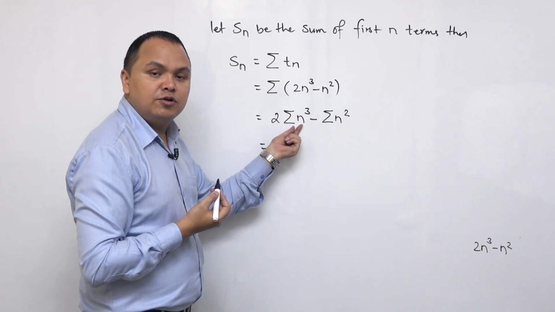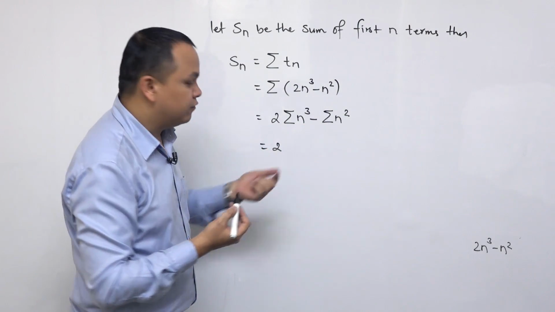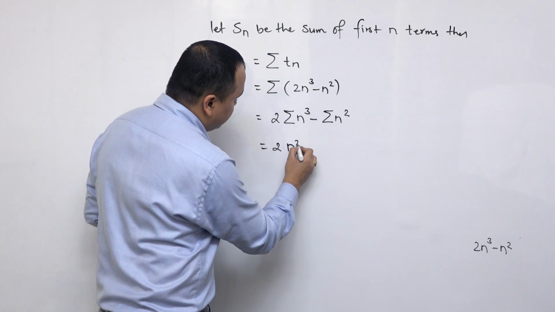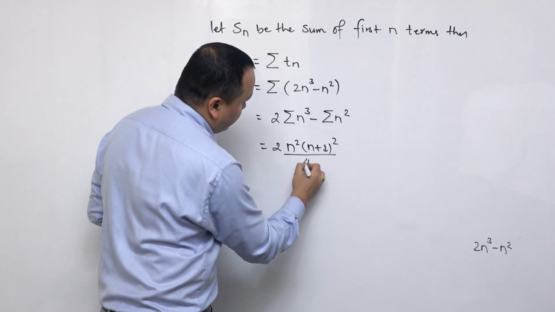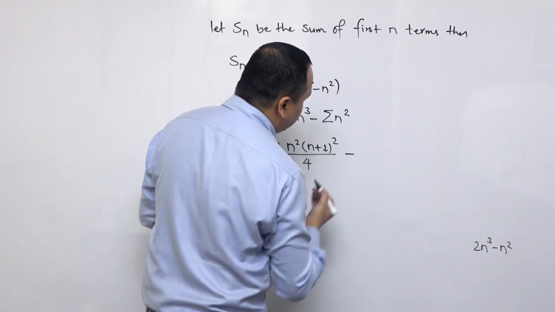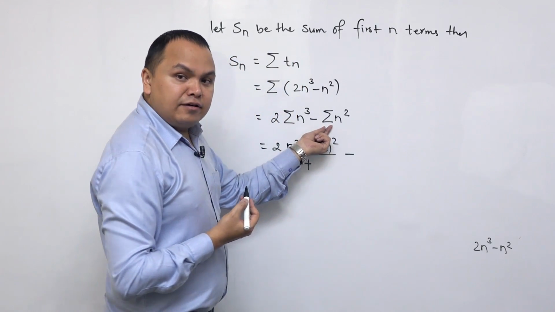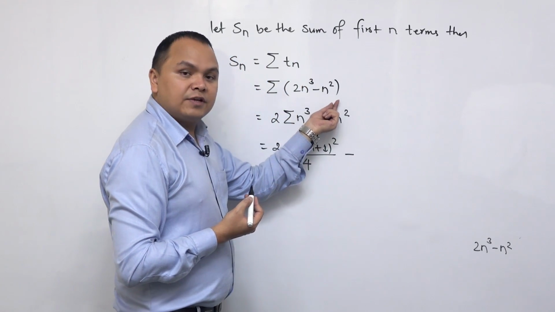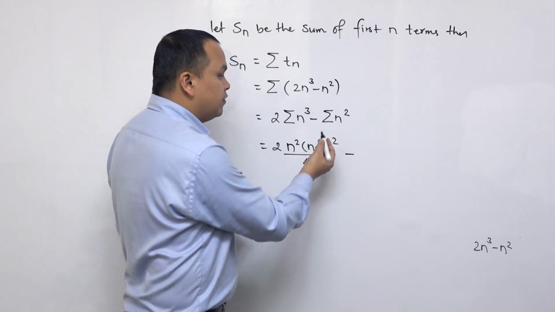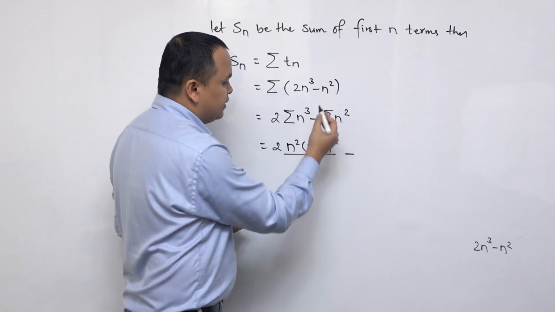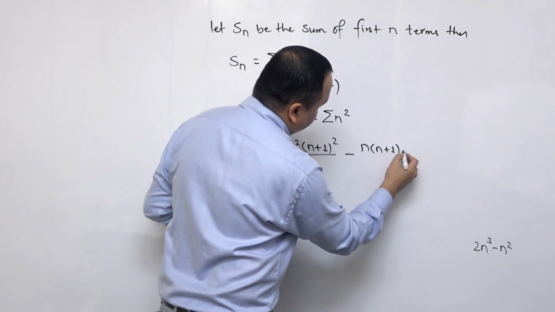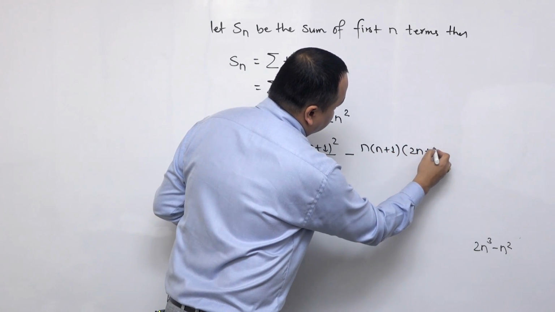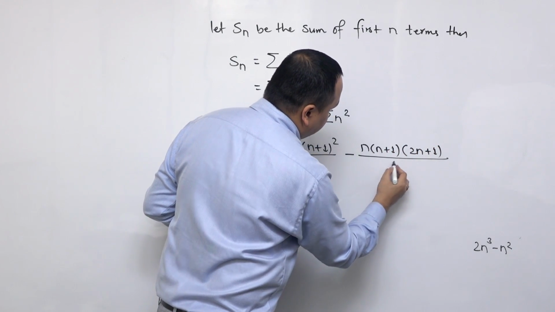Sum of cubes of first n natural numbers, we have formula n square times n plus 1 whole square divided by 4, minus, here again n runs from 1 to n, sum of squares of first n natural numbers, n times n plus 1 times 2n plus 1 divided by 6.